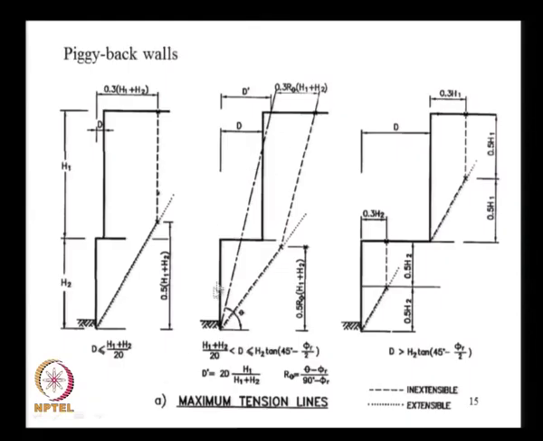It is somewhere in between, and so here we need to consider different types of rupture surfaces as shown here. This is for inextensible type reinforcement, that is the steel strips and steel grids, and this is for the extensible type reinforcements.